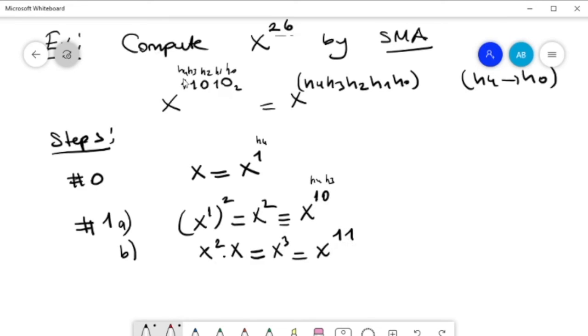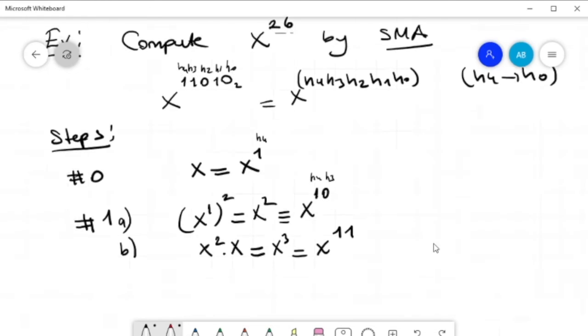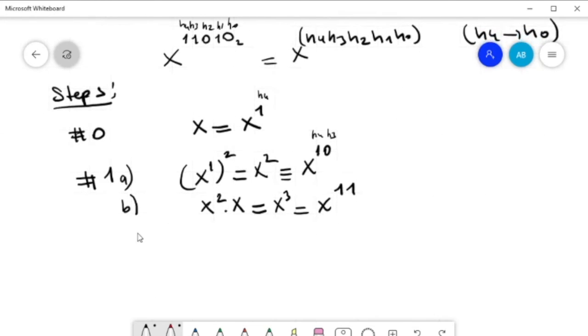Now I am done with h4 and h3. And step 2, A and B. Here, as I said, in every step I have to do one squaring. So I need to square this.